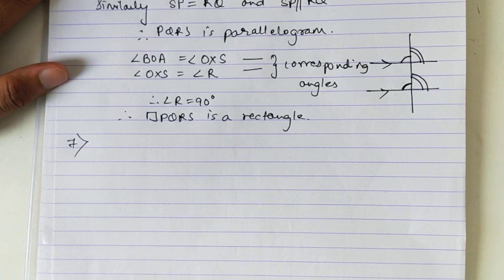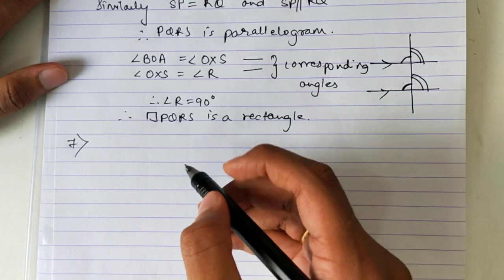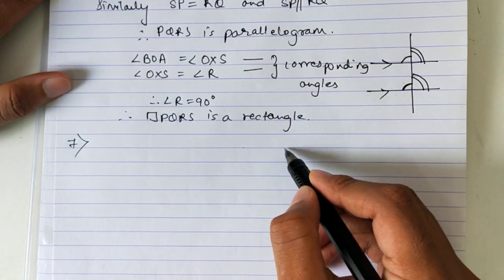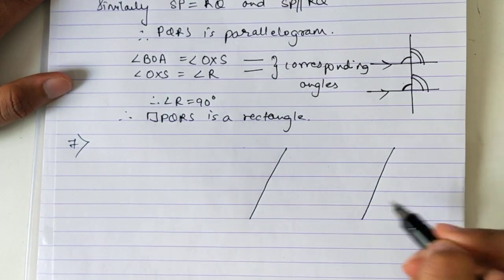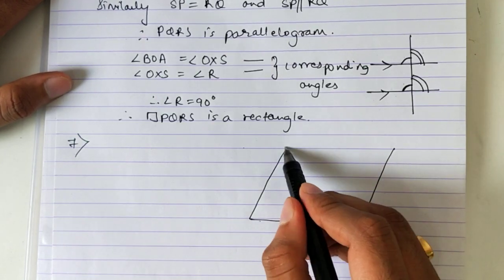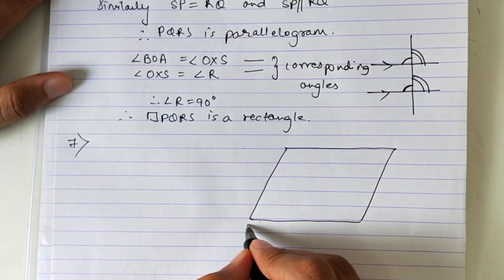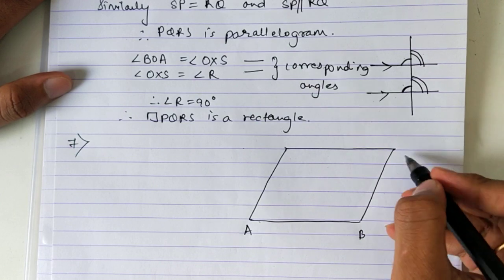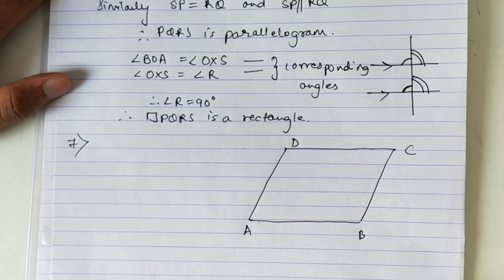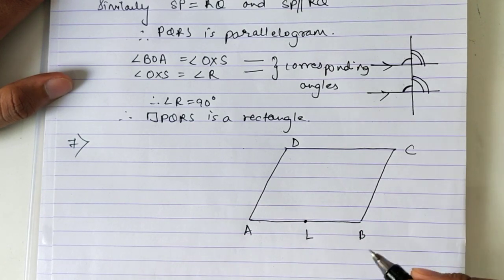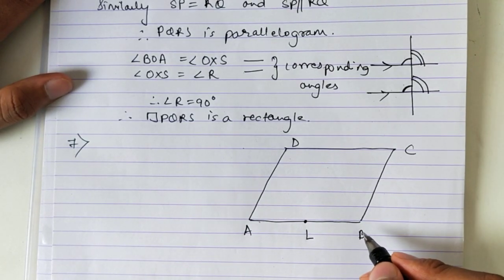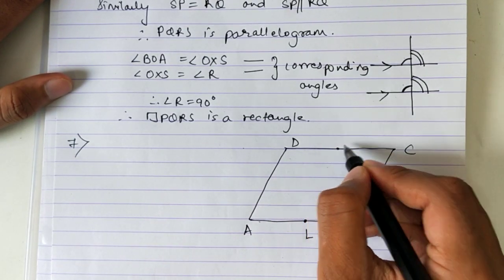Question says L and M are the midpoints of sides AB and DC of a parallelogram ABCD. So first of all, there is a parallelogram ABCD. This is how a parallelogram looks like. L is the midpoint of AB, so L is here, and M is the midpoint of DC, so M is here.